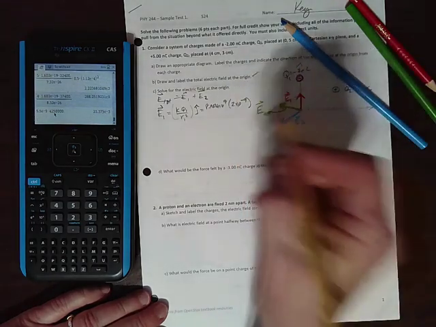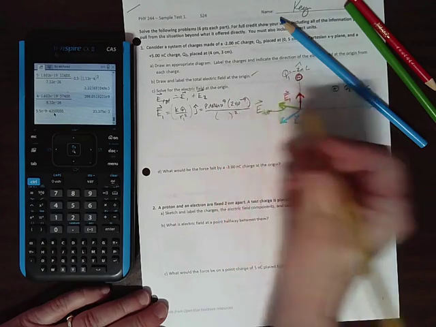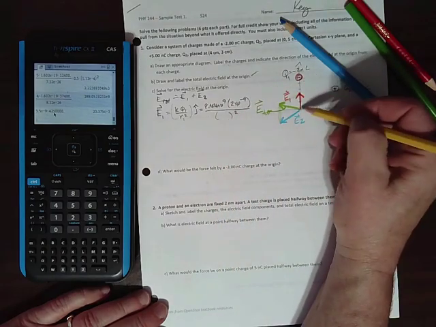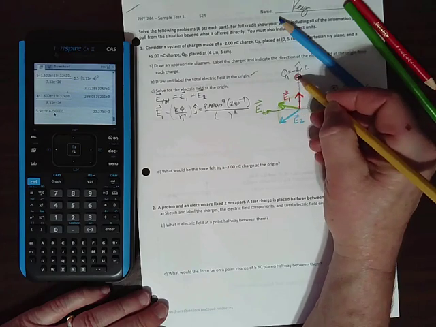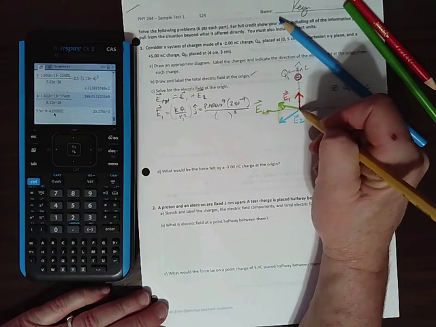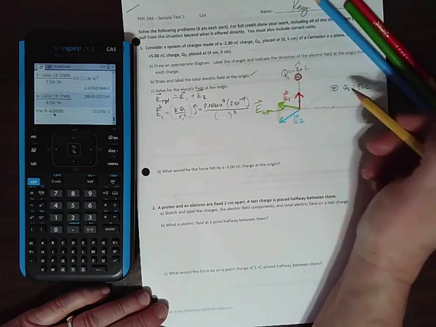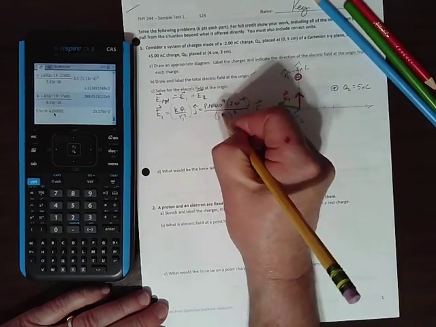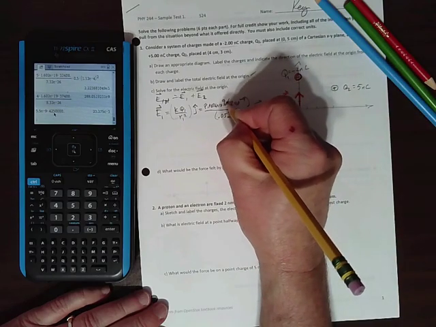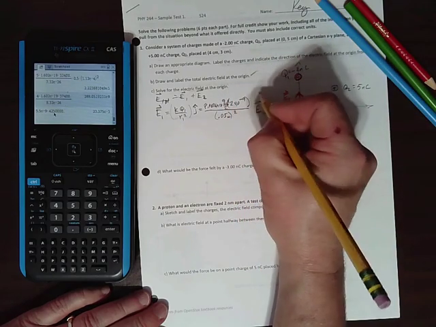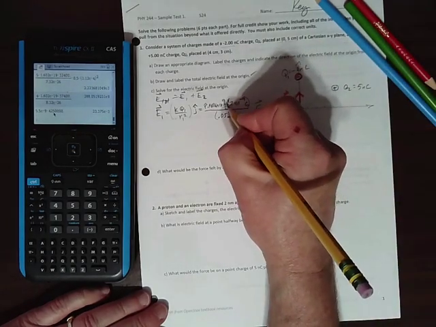So kQ over R1 squared. What is R1 here? R1 in these formulas in general is the distance from the point charge we're talking about to the point of interest. It's just this distance along the axis, up 5, so that is 5 centimeters, 0.05 meters. This is Newton meters squared per coulomb squared.